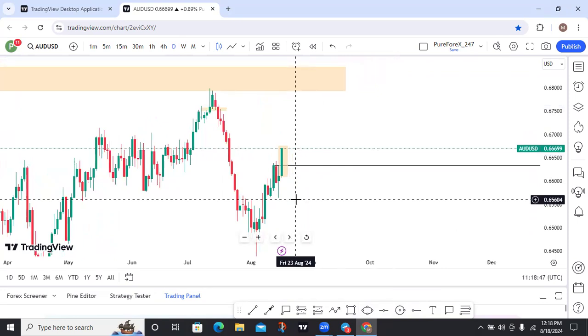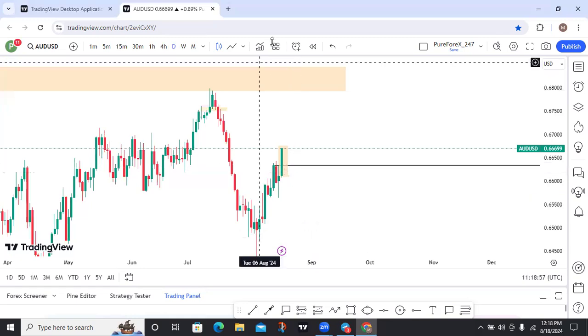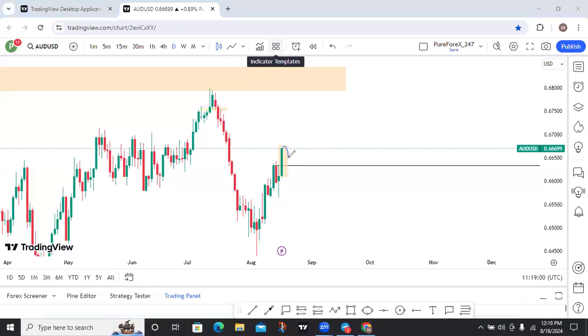So inside this full body candle, if we can find a rally-base-rally on a lower time frame, it can also be considered as a manipulation entry formula, because the market may want to retrace again before continuing going up, right? We have seen this as the market has been giving us characteristics of an uptrend. So we can also wait for retracement and then continue the buy on AUD USD.